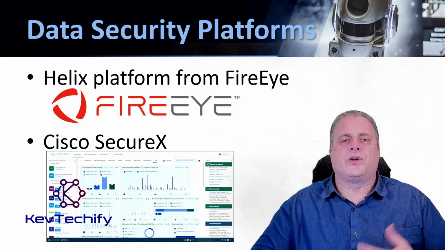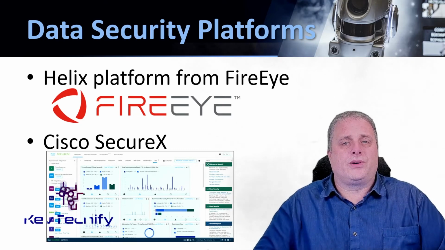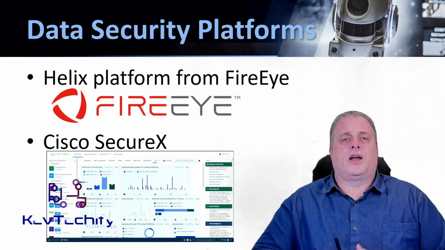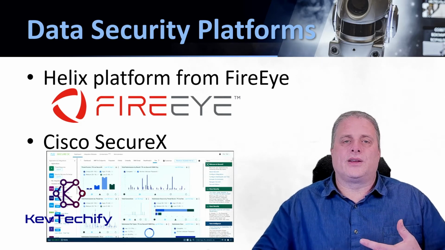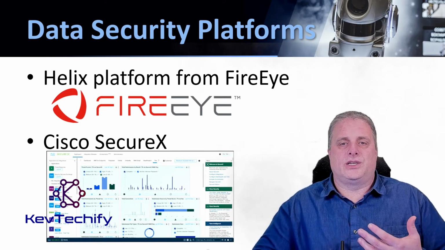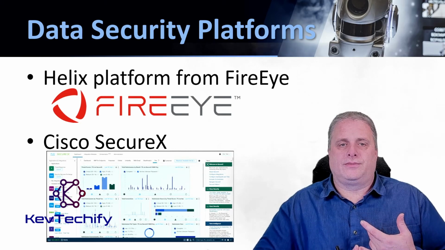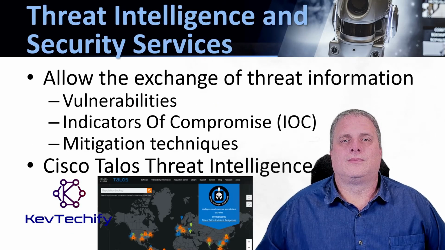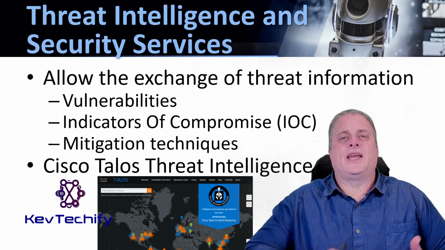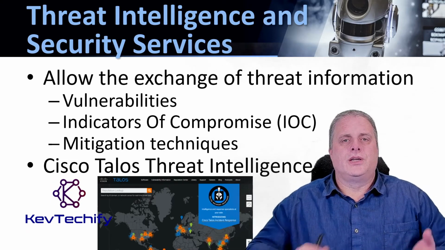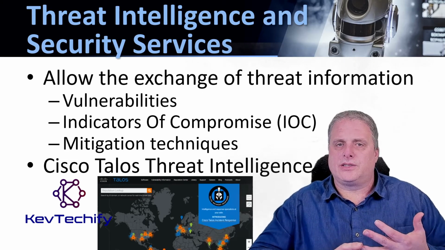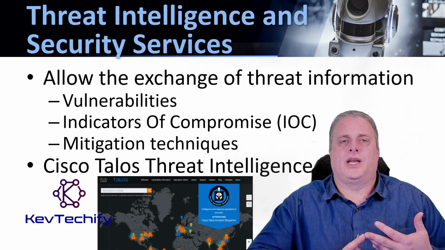Functionality is built into a large and diverse portfolio of security products, including next-gen firewalls, VPN, network analytics, identity services engine, advanced malware protection, threat intelligence, and security services that allow the exchange of threat information such as vulnerabilities, indicators of compromise, and mitigation techniques.